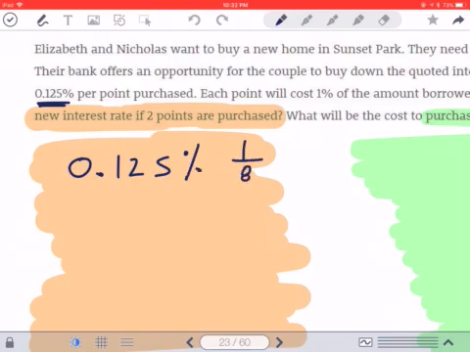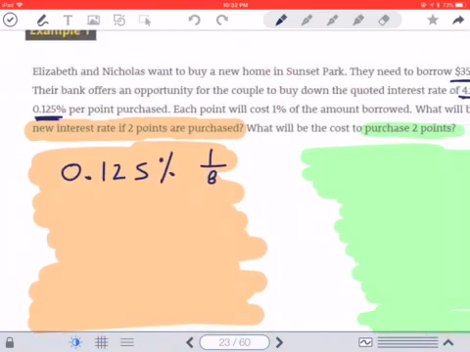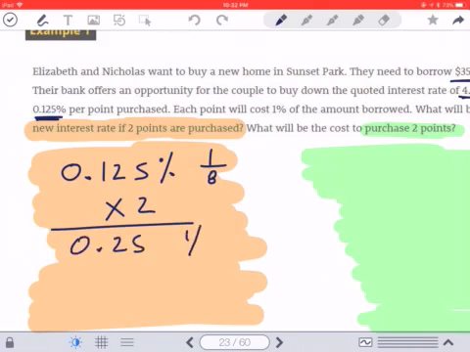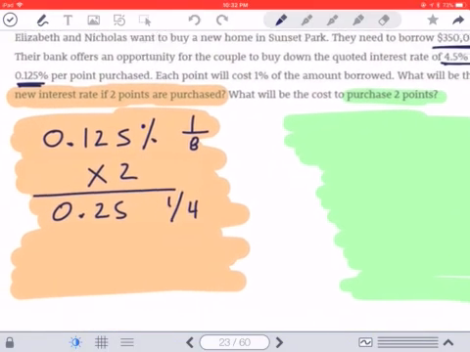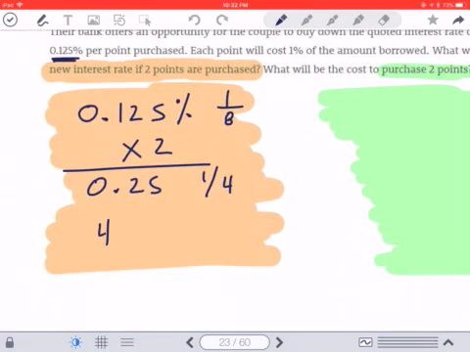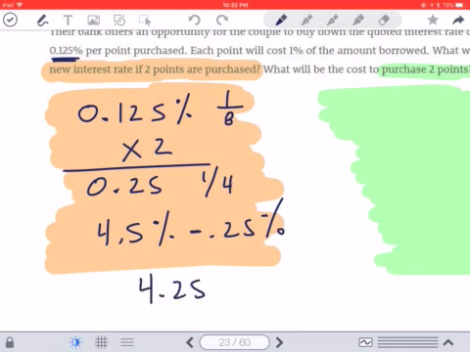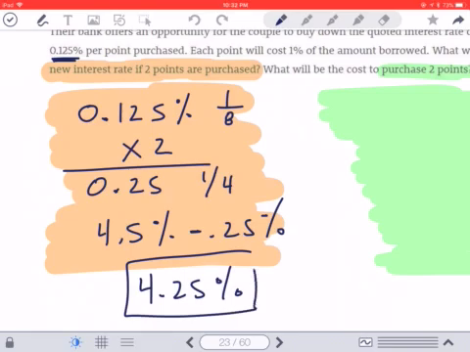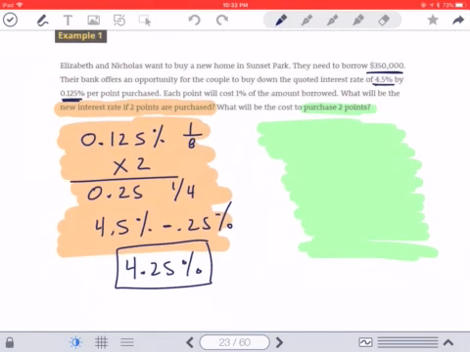Well, it is 1/8 of a percent if we buy this down each point. And if I buy down 2 points, it's going to be 1/8 times 2, which is going to be 1/4, or 0.25. Okay, so I can buy this down by 1/4 of a percent. And if I start out at 4.5% and I subtract 0.25% from that, my answer here is going to be 4.25%. Okay, 4.25%. So that's the answer for this orange part here.